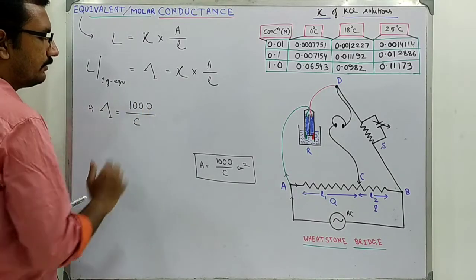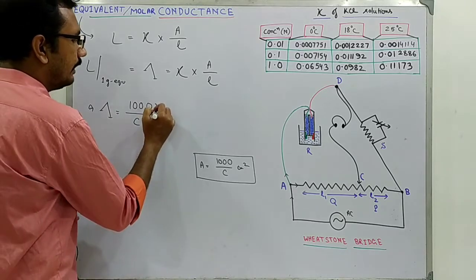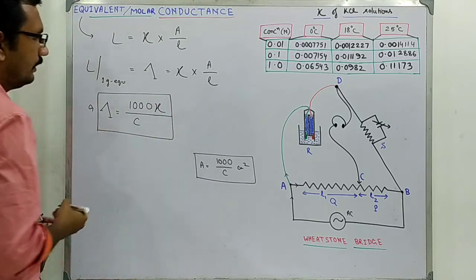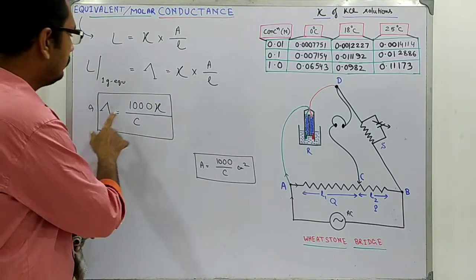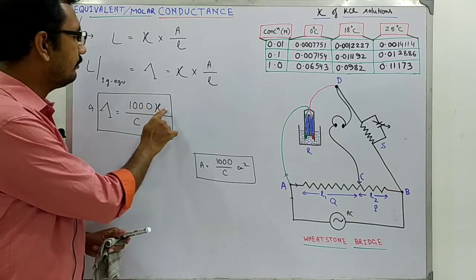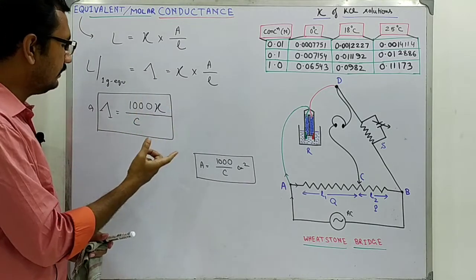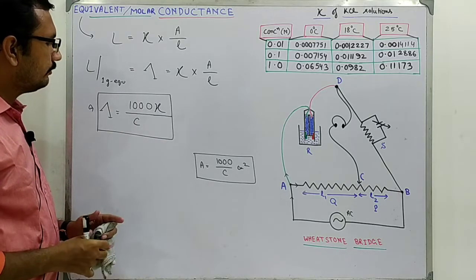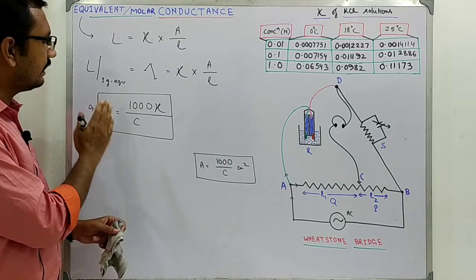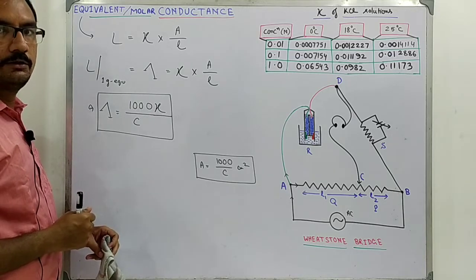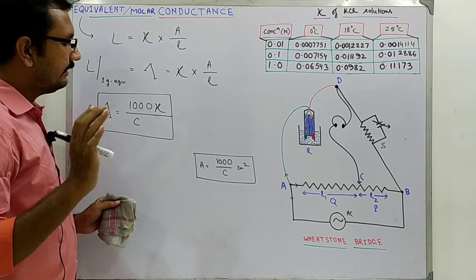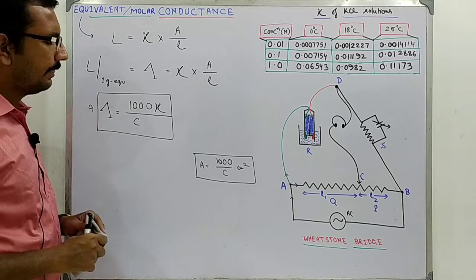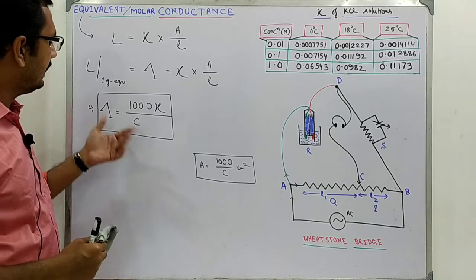So, C into 1 equals C and kappa is left. So, we have the relation: equivalent conductance equals 1000 into specific conductance of that solution by concentration of the solution. So, with the help of this equation, we will determine the equivalent conductance. We will not take those electrodes which have enormous size. Now, how to get this value?